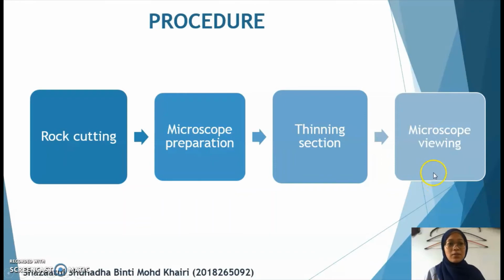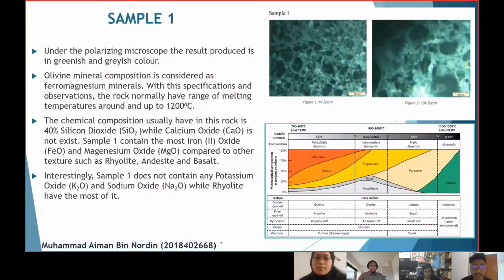in the rock sample. Okay, for sample 1, under the polarizing microscope, the result produced is in greenish and grayish color. So, what we can observe is that the type of rock could be of olivine mineral composition.